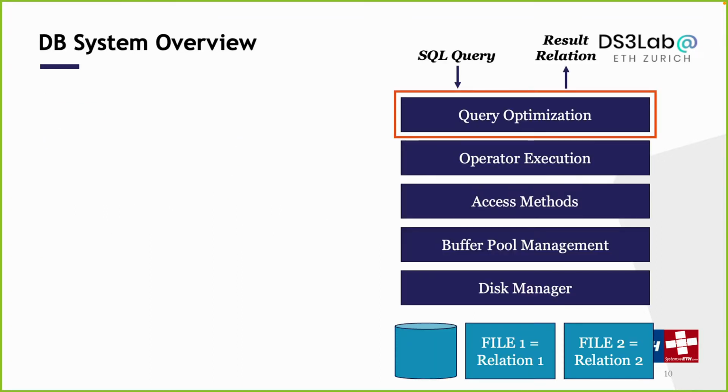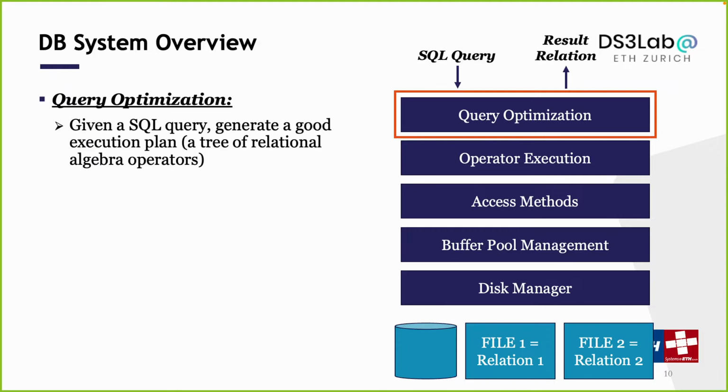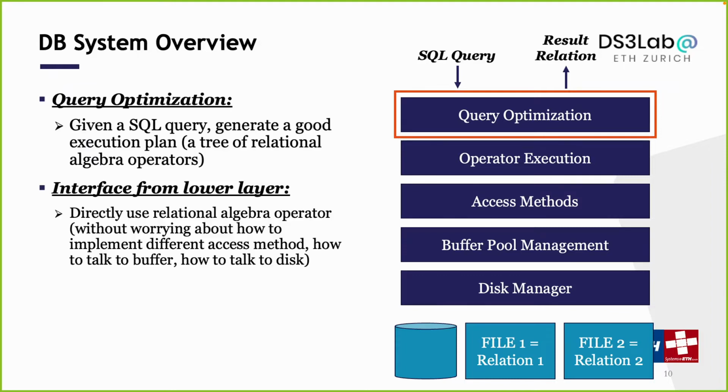So today, we are going to talk about the top layer, which is query optimization. This is a layer that takes as input a SQL query, and then runs it and gives back the result. Essentially, given a SQL query, we try to generate a good execution plan.